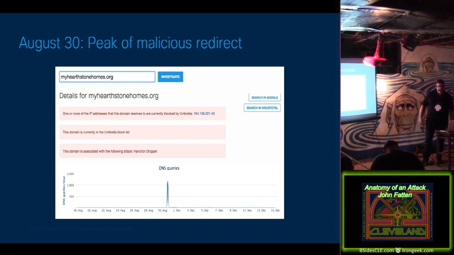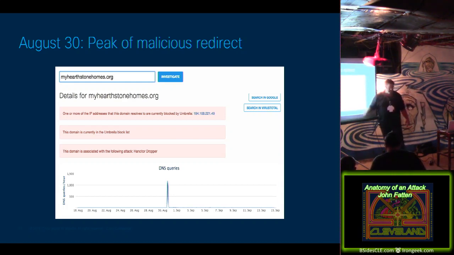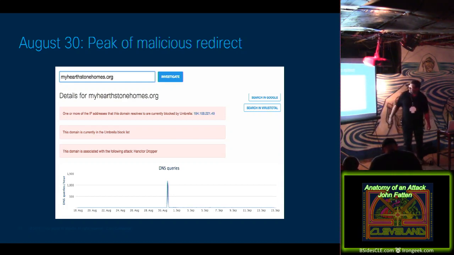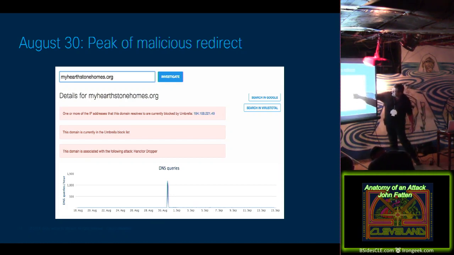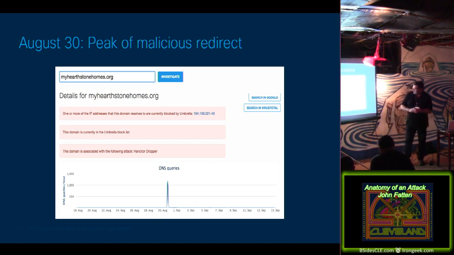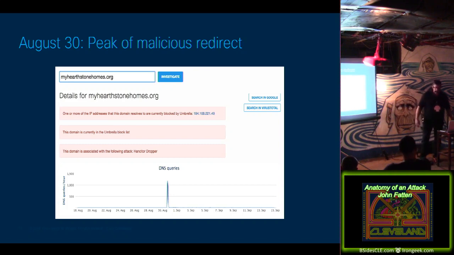I don't know if .org would have given it away for me, but anyway, it resolves to a particular IP address, and the key thing here is that we've associated this with the Hansator dropper. That's the information that came back from Umbrella. But the interesting thing is that the IP address here had a huge spike in queries that we identified on that specific day. So it was only there for just a short period of time.